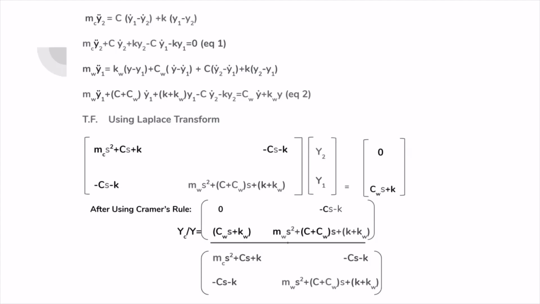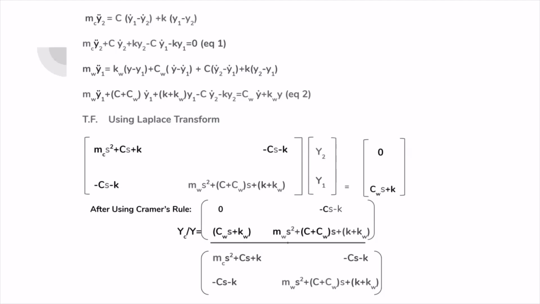Converting that and setting it equal to 0, we get mass of the car times the acceleration of the car plus the damping coefficient of the suspension system times the velocity of the car plus the spring rate of the suspension times the displacement of the car, minus the damping coefficient of the suspension times the velocity of the wheel, minus the spring rate of the suspension times the displacement of the wheel, is equal to 0.